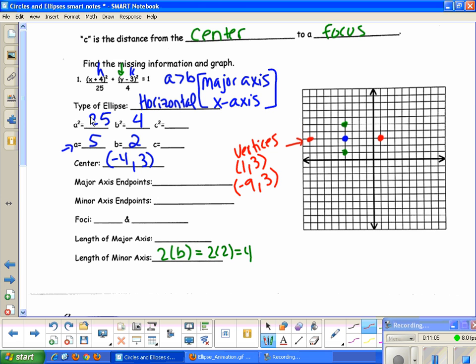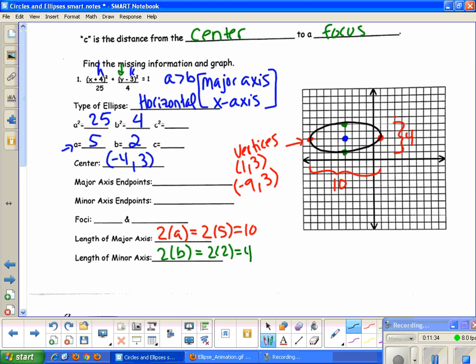And the length of the major axis is going to be the longer one, so 2 times a in this case, which is equal to 2 times 5, which is 10. And you can even count from the distance from here to here is 10. The distance from here to here is 4, so it's easy to tell in the graph. Now all I have to do is just connect this to make my ellipse as best as you can.